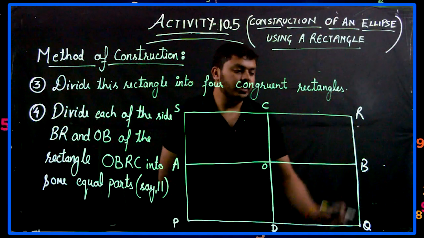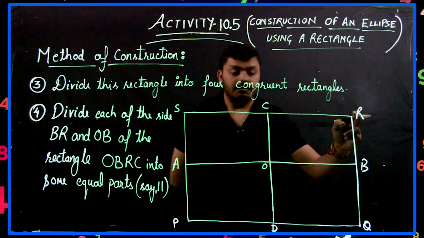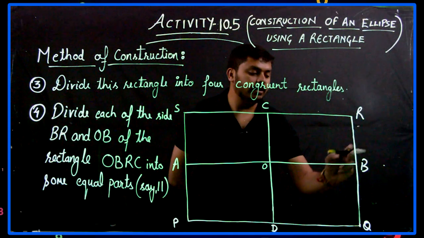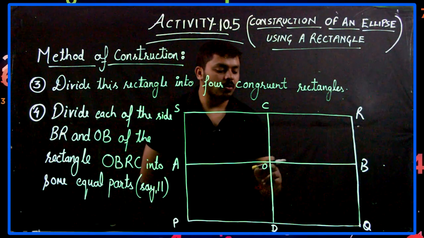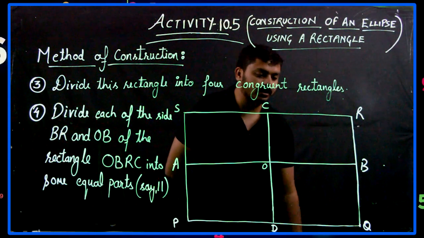So now we divide the side BR into 11 equal parts and side OB also into 11 equal parts.